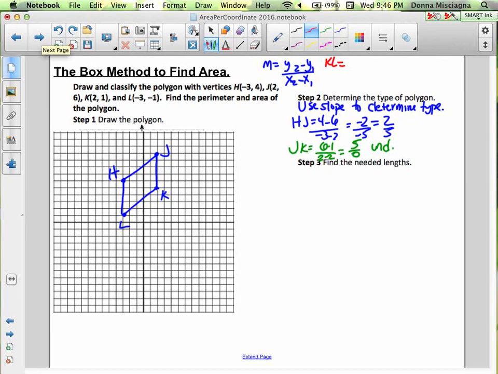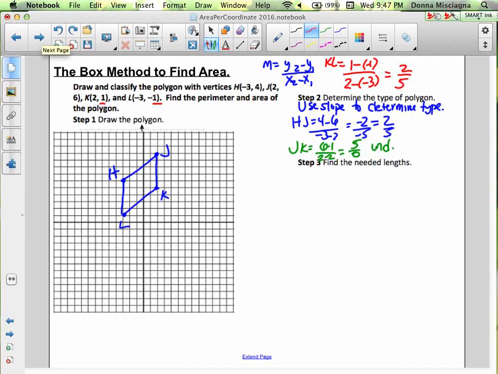For KL, it's going to be 1 minus a negative 1 over the difference in the x coordinates, 2 minus negative 3, so that's going to be 2 over 5.